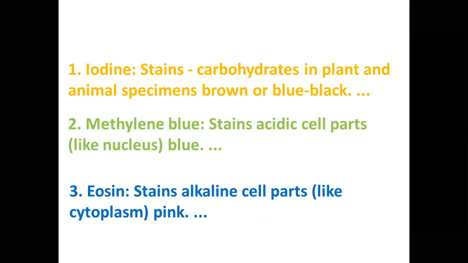No single stain has the ability to produce all the results that we may need. Some stains like methylene blue, the one that we used in 2014, mainly stain the acidic part of the cell, like the nucleus. Then the eosine will stain the alkaline part of the cell, like the cytoplasm.